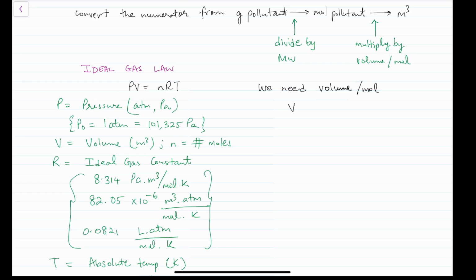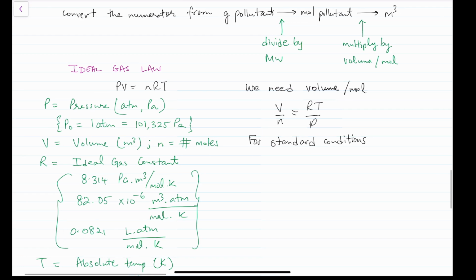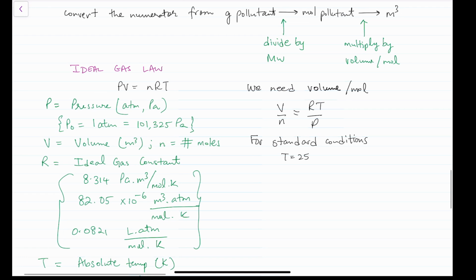So V over N would be equal to RT over P. I confused myself there. And now what for standard conditions? So this is a term that you might see, standard conditions. So what are standard conditions? Standard conditions are that temperature is 25 degrees Celsius and pressure is 1 atmosphere.